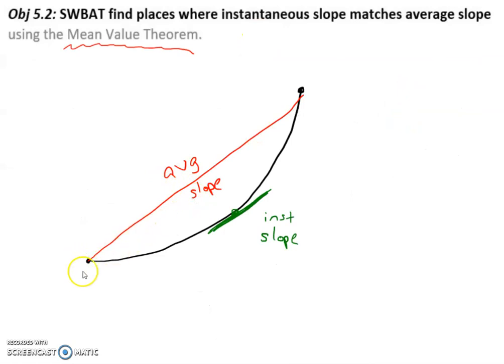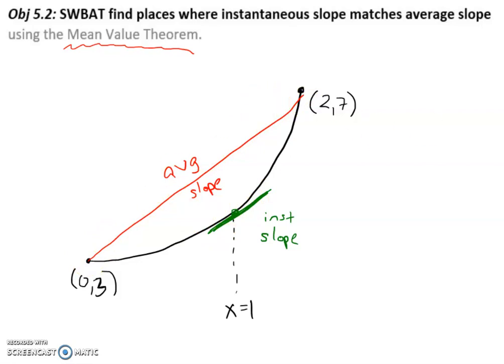Really quickly, just to show what we found here, this point was (0, 3), and then this point was (2, 7), and so we found a point in between at x equals 1 that has the same instantaneous slope as the average slope between those 2 points.